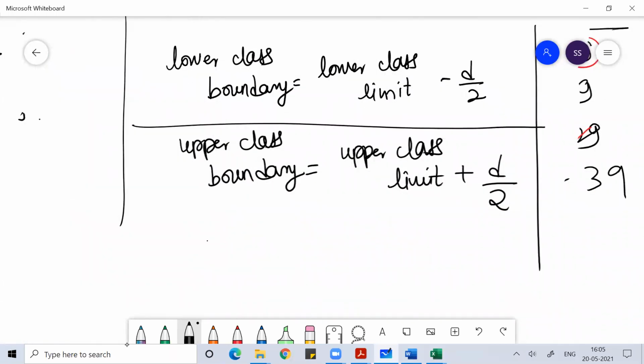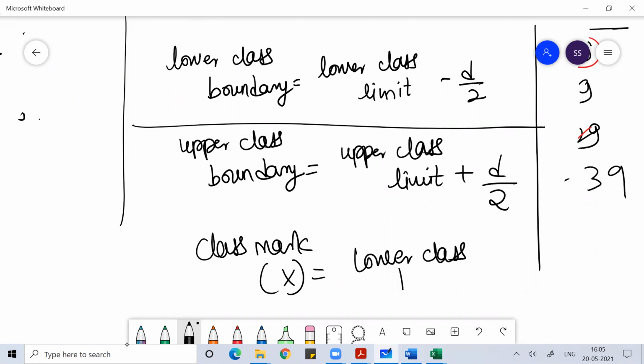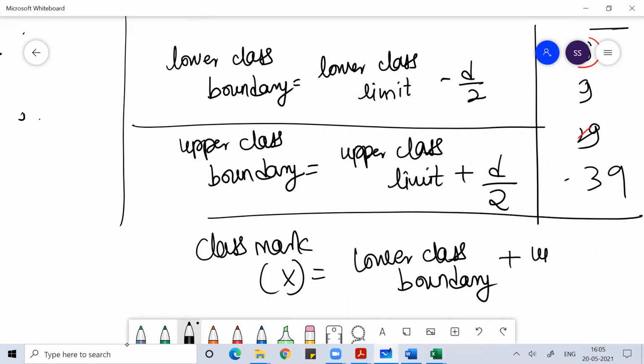And then there's something called class mark. This is represented by the symbol X, which is the lower class boundary plus the upper class boundary, divided by 2.